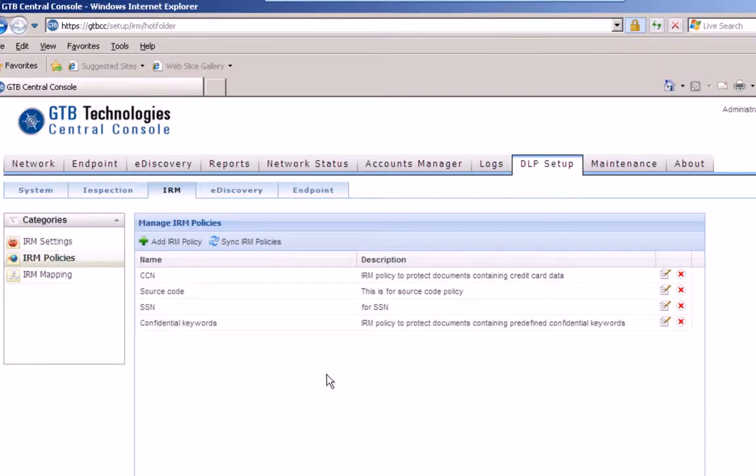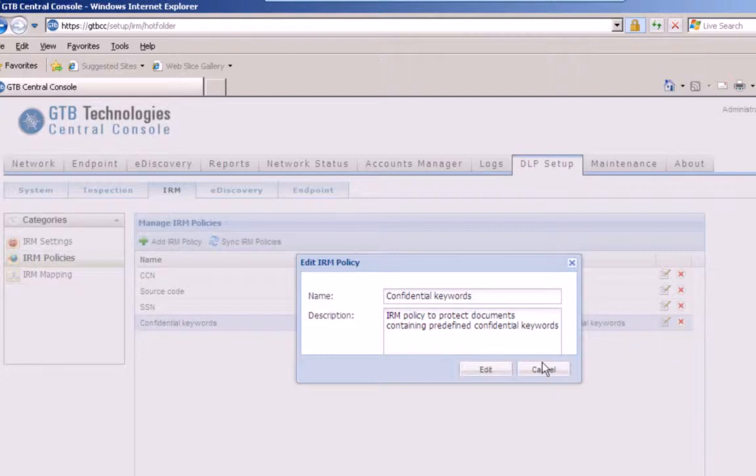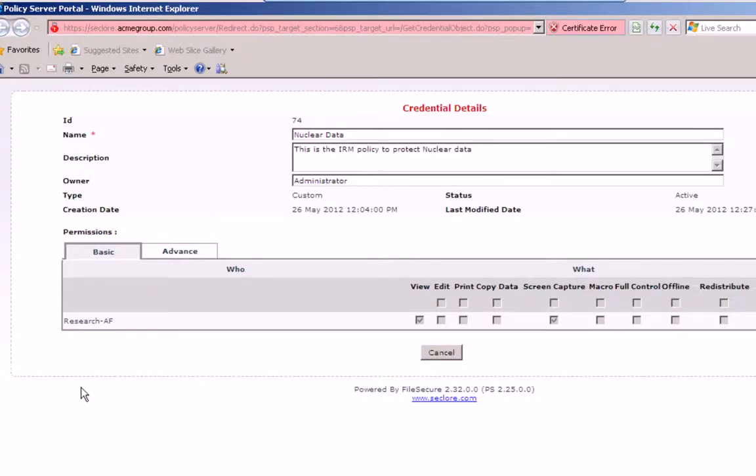Now let's have a look at the other IRM policy, which is for the confidential keywords. This one is the IRM policy to protect documents containing predefined confidential keywords. If you have a deeper look, this policy says that only the research department of the organization will have access to the document, and they will have only view rights on the document.